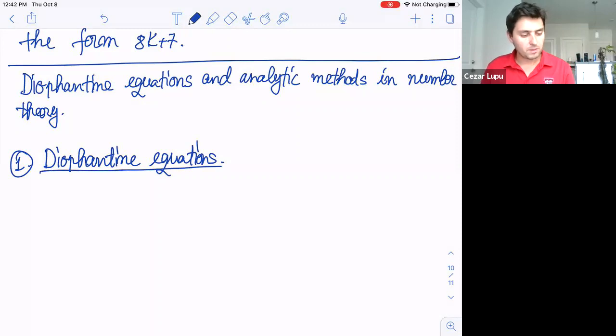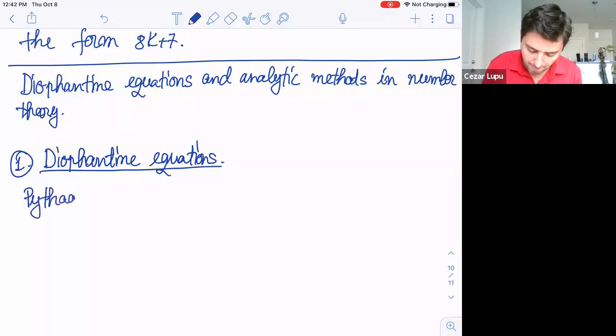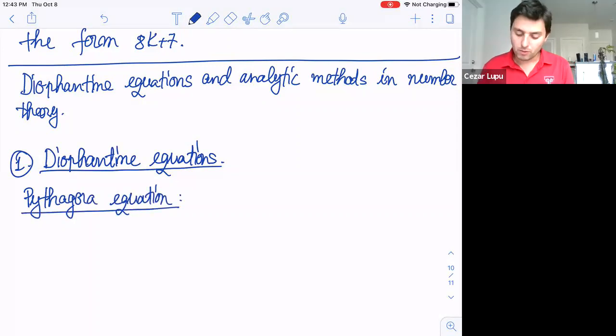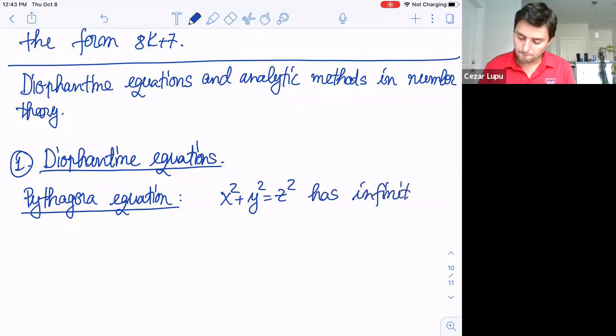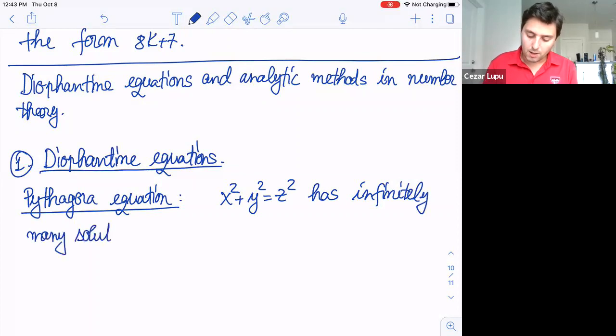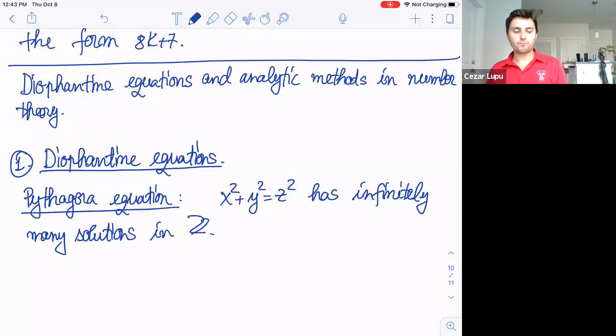For example, there's the Pythagorean equation, x squared plus y squared equals z squared, which has infinitely many solutions in Z, right?